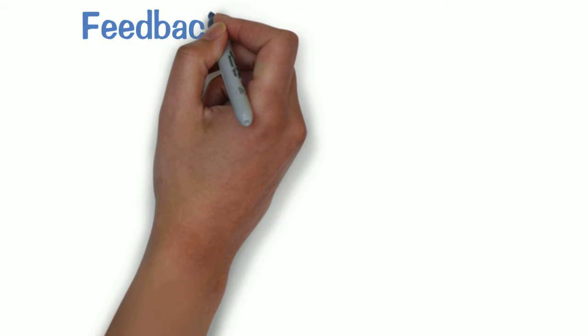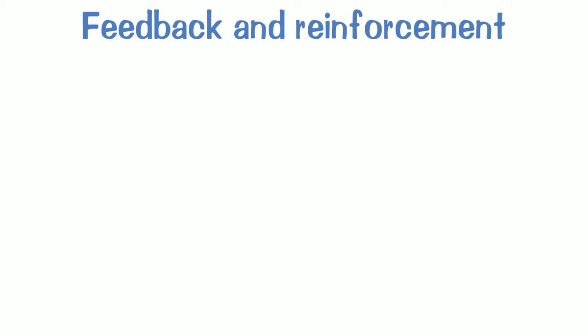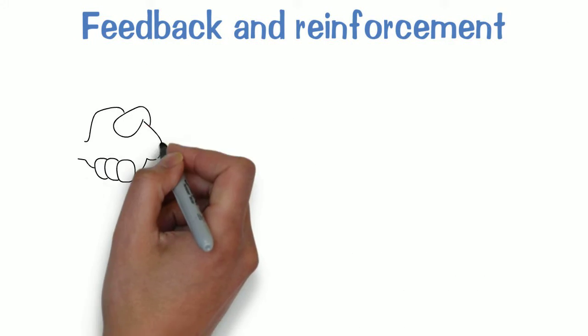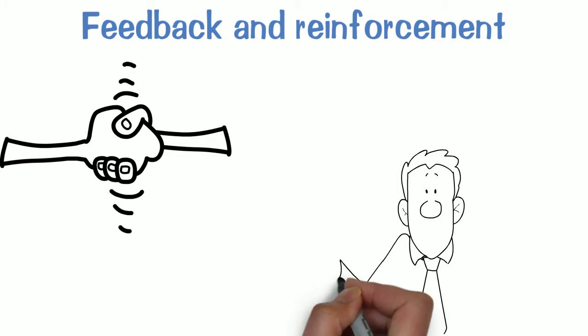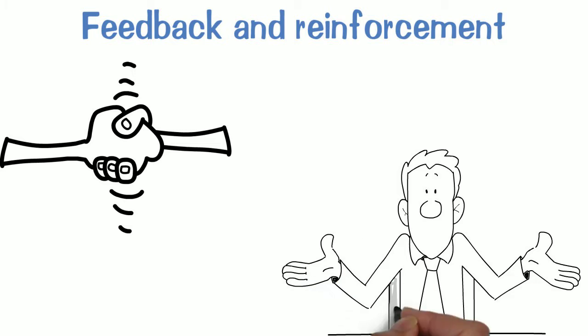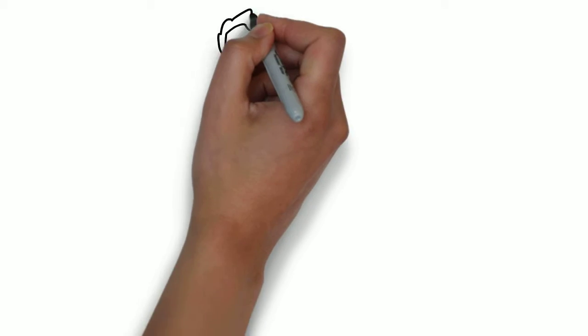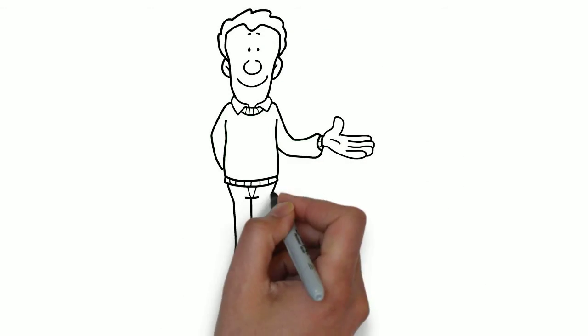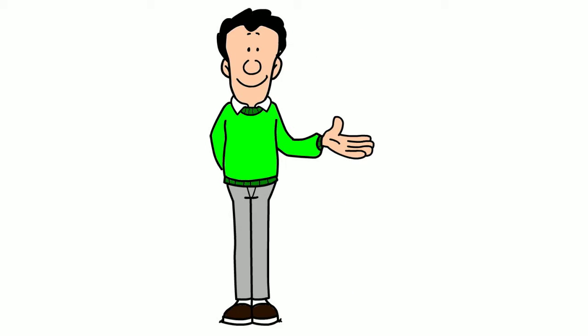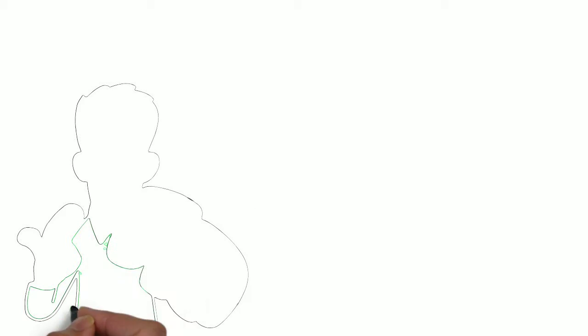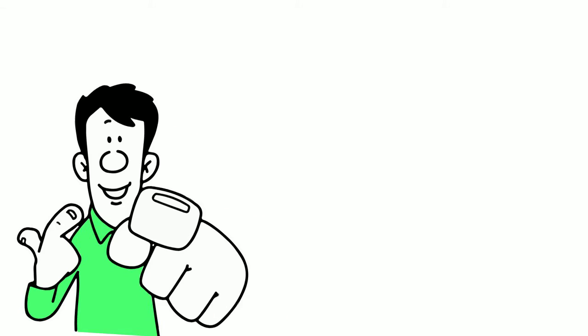The third and fourth techniques are feedback and reinforcement. These 2 techniques usually go hand in hand. When you receive feedback, it can either positively or negatively reinforce your actions. The topic of feedback and reinforcement won't easily be explained in this session. You only need to be aware of the 3 following things. 1. The first thing is that feedback will reinforce your behavior or action.